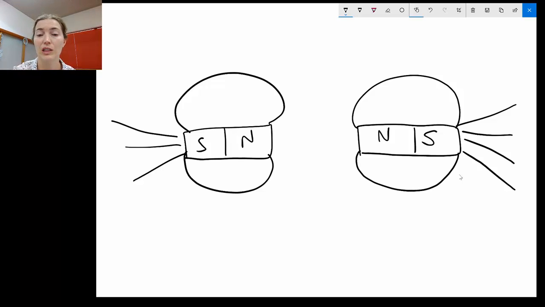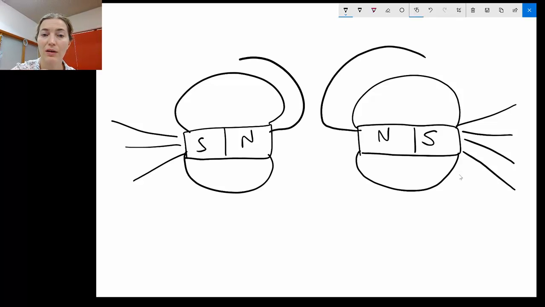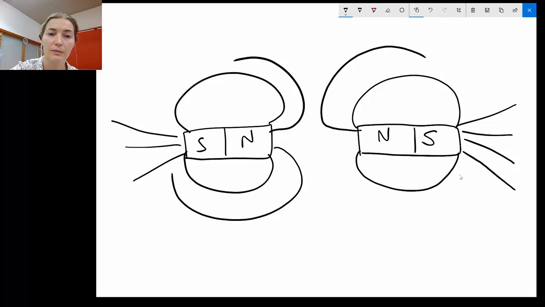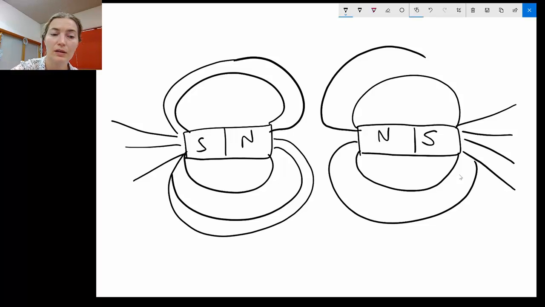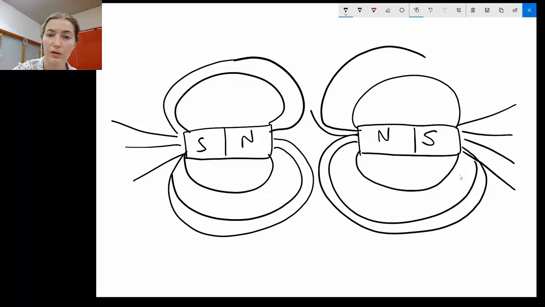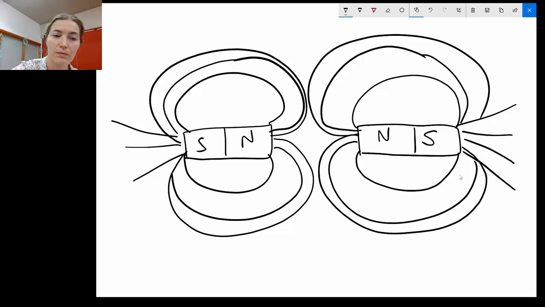Well, the two norths are actually going to repel each other. So as much as these field lines would like to come out, they're going to get repelled straight back. And we have this region, even if you had more dense strength fields at the poles, which we do, we have this region in here where there's a lack of magnetic field strength.